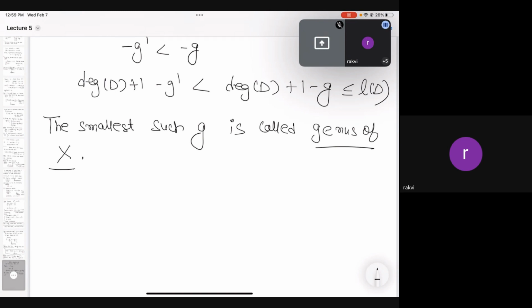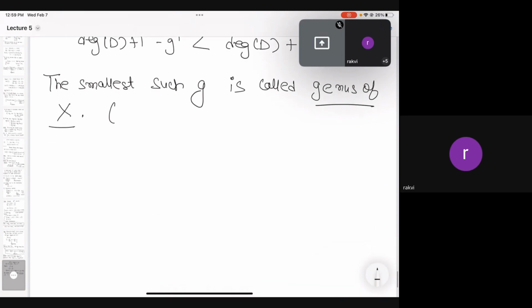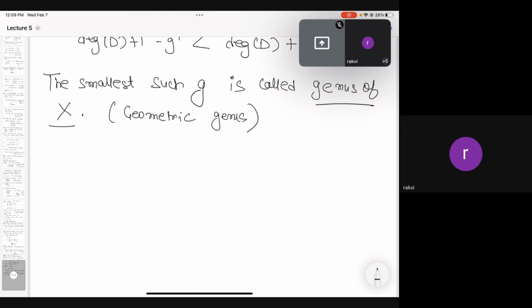And this is what is called the geometric definition of a genus. There is another way to define genus in terms of Hilbert polynomials, but I don't want to discuss that right now. That's called arithmetic genus. I'll just mention that here quickly.